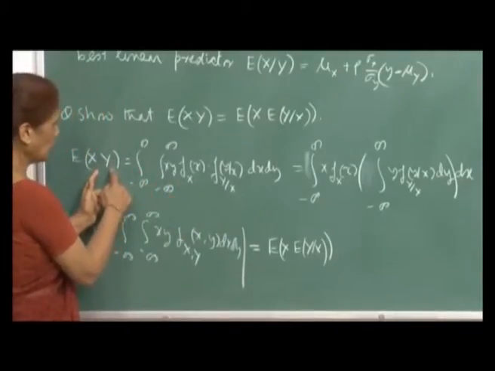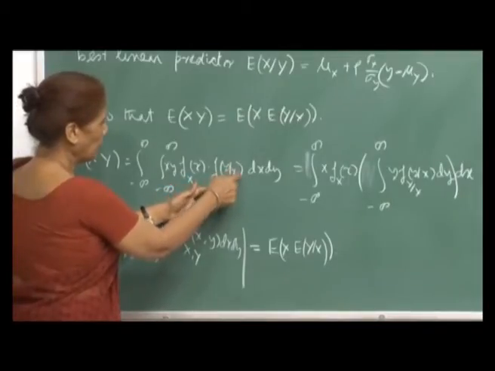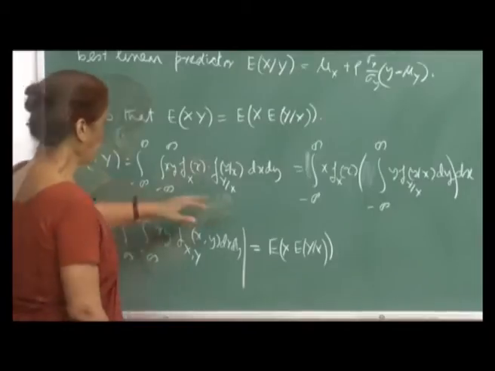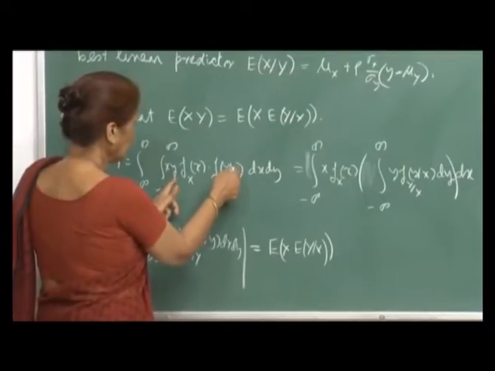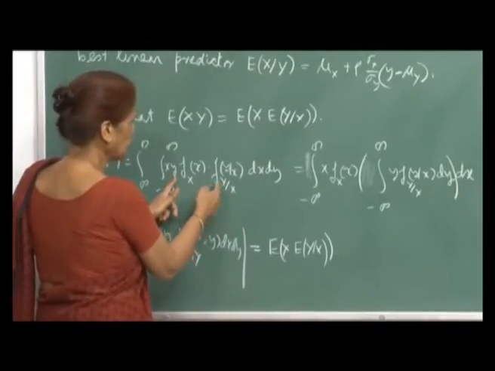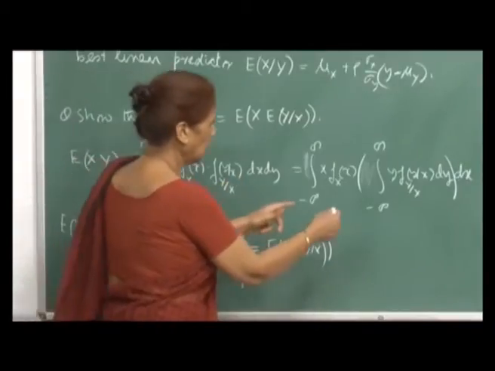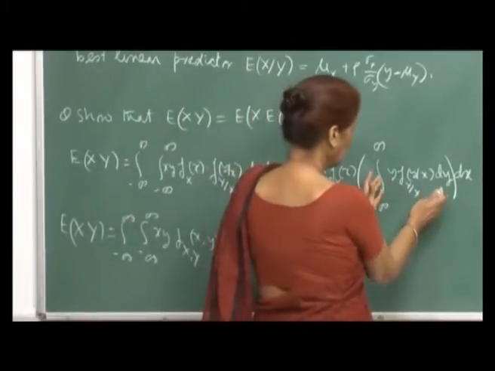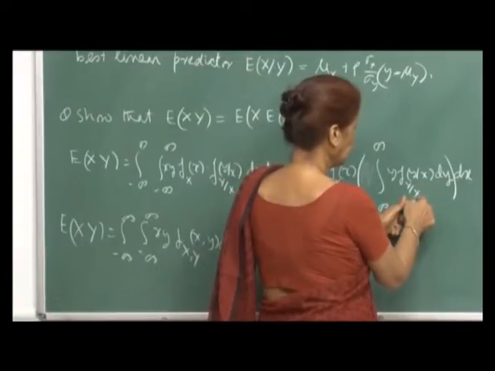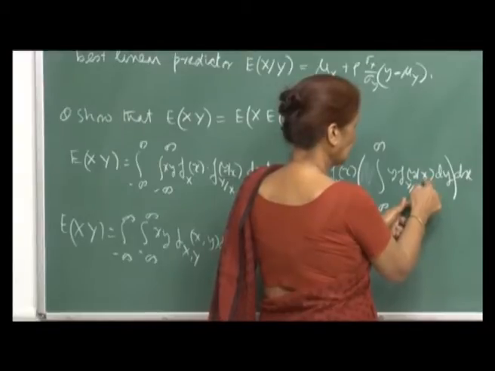So, expectation of x y I am writing as the integral of x y f x of x into f of y given x, dx dy. Now, the integral of y into f of y given x, the conditional PDF of y given x, I can separate out, because when I integrate with respect to y, the value of x is fixed, capital X equal to small x.